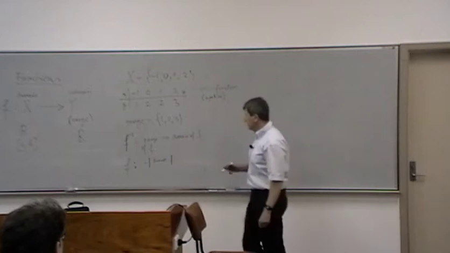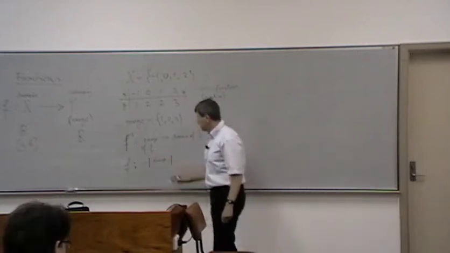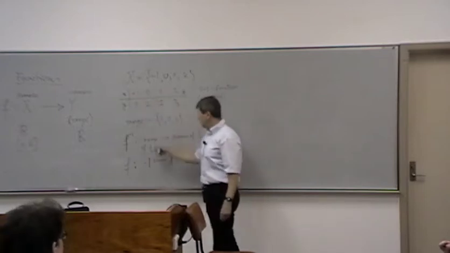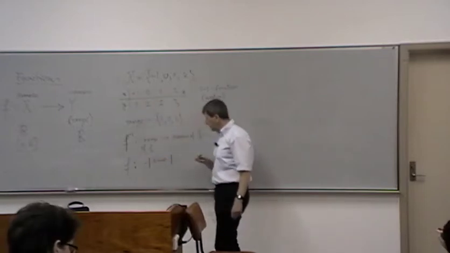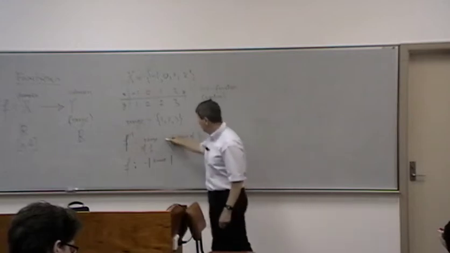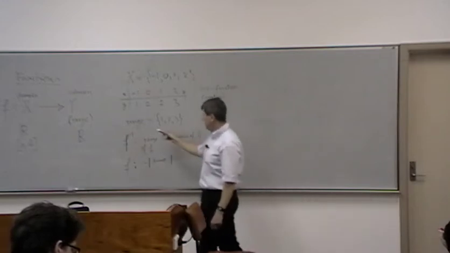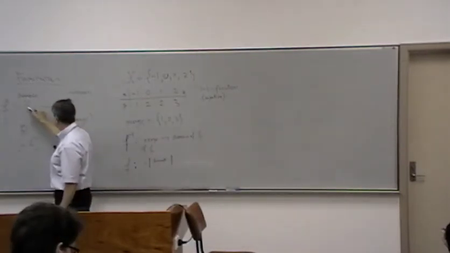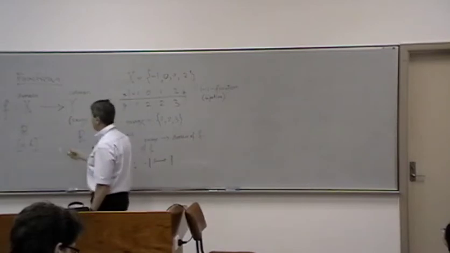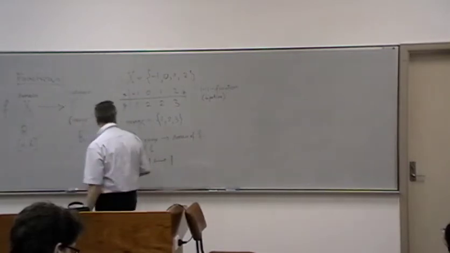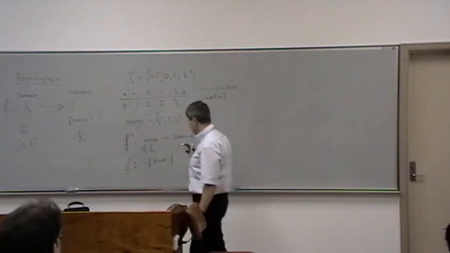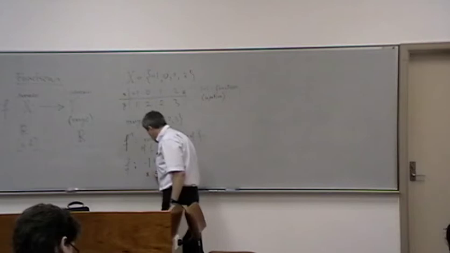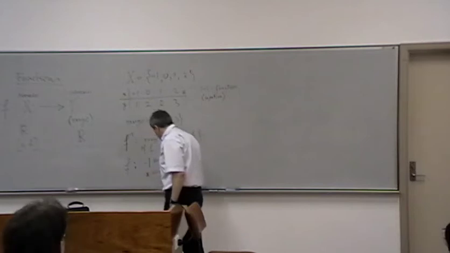So this arrow with the dash is used to show which particular input is mapped into which particular output. We use the arrow without the dash if we want just to say the function has domain x and codomain y. It works from x into y. So this is between sets, and this is between elements of the set. Or we can say any element, any x, any input is mapped to some output.